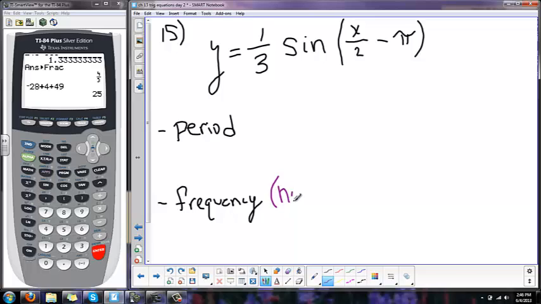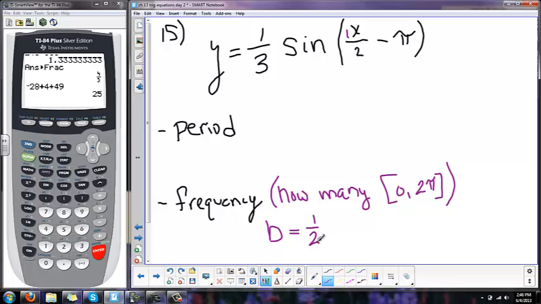So the frequency is how many curves do I see in the interval between 0 and 2 pi. And frequency is really easy because it's actually a part of our equation. It's whatever number is written with the x. Now this looks a little bit confusing because it's x divided by 2, but there's really a 1 right there. So the frequency, or the b term, is actually 1/2.